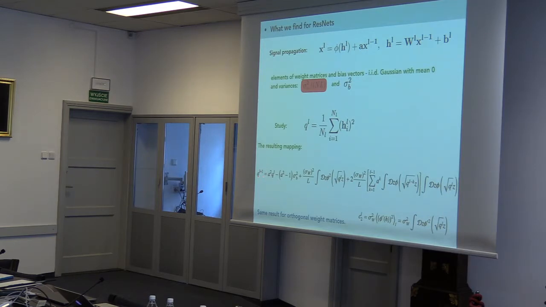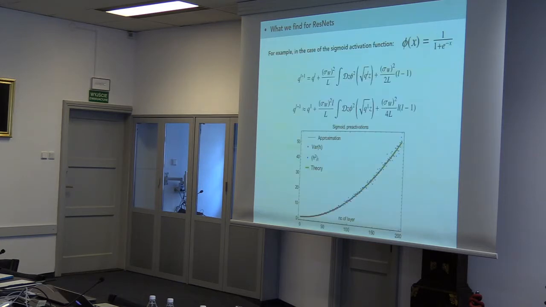So, for example, if we choose the sigmoid activation function, which is defined like this, this recursive formula becomes that, and you can either solve it numerically or make an approximation in the large limit.